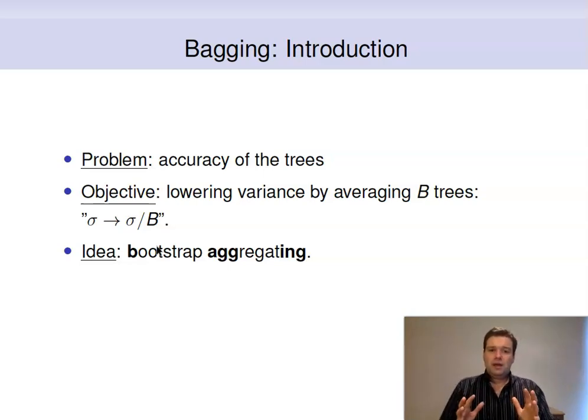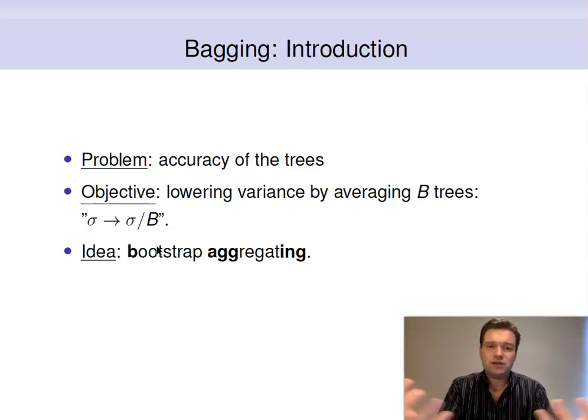Okay, but let's keep this idea of, okay, I'm going to construct a large amount of trees, and I'm going to average the predicted values that I have. In that way, I'm going to reduce the variance of my prediction, of the average of my predictions.